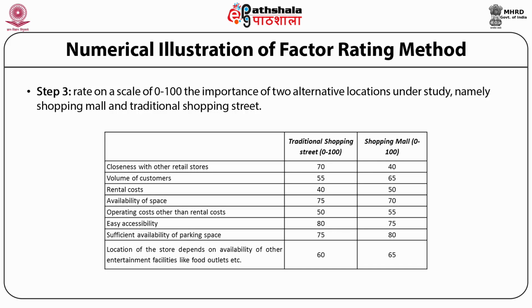For instance, the factor closeness with other retail stores is given a score of 70 in case of traditional shopping street, whereas the same factor is given a score of 40 if it is available in a shopping mall. Similarly, all other factors have been scored on a scale of 0 to 100 with regard to the two alternative locations.